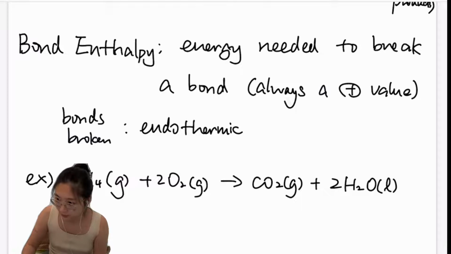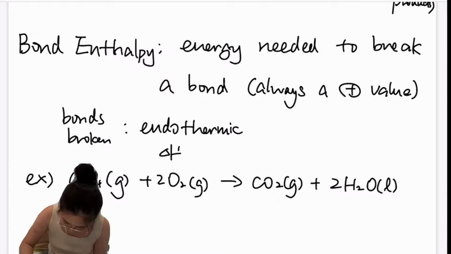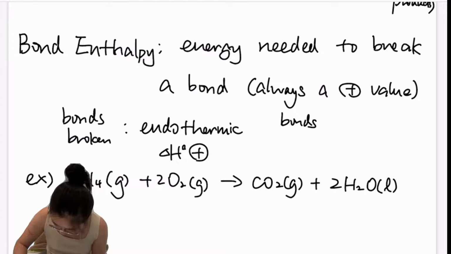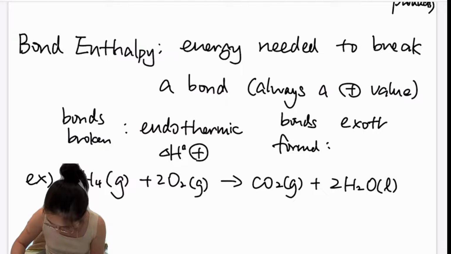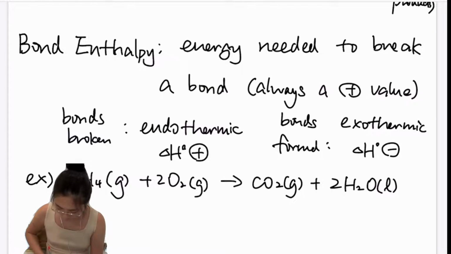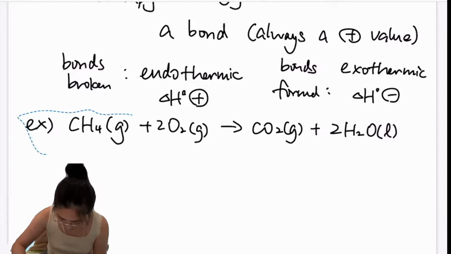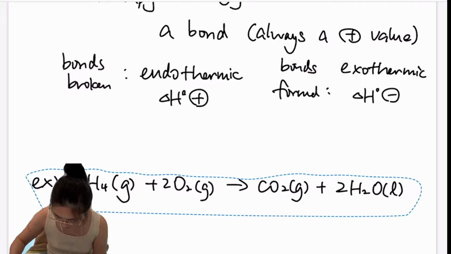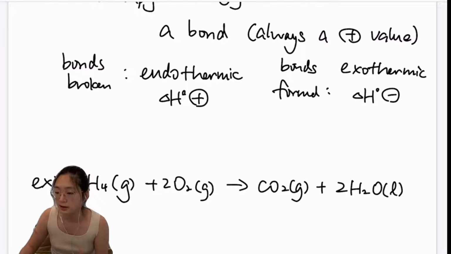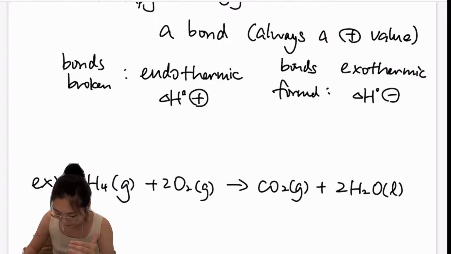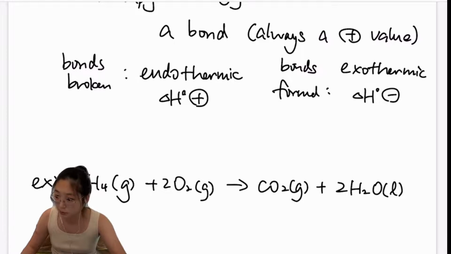So breaking bonds is an endothermic process, which means the change in enthalpy is positive. When bonds are formed, it's an exothermic process, or the change in enthalpy is a negative value. So that's why when we combine them together, we are subtracting the bond enthalpy of the newly formed bonds from the bond enthalpy of the broken bonds.